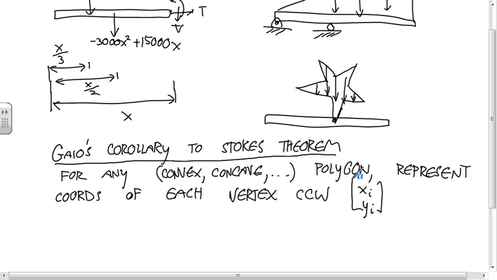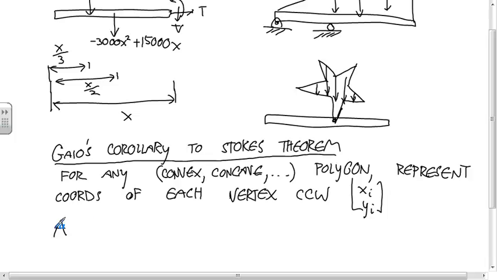So if you have an n vertex polygon, then it's going to go from x1, y1 up to xn, yn.